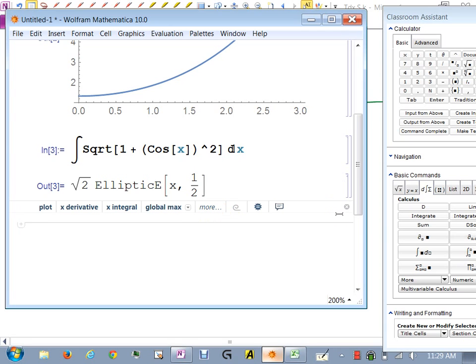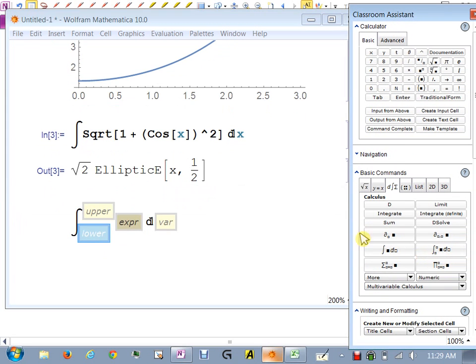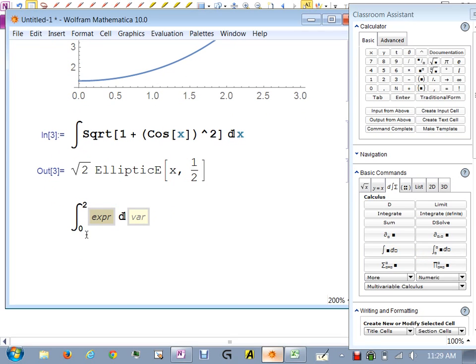Now, can it be done? Can you actually get an answer? Well, let me go to the definite integral now. We're going from 0 to 2 pi, right? And we're going to put this expression in. Let's see if I can just copy this expression in here.